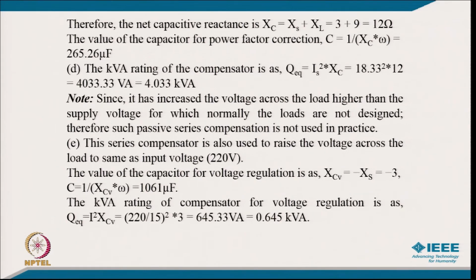That is the reason you might see series capacitors in the transmission system, because they are more effective as far as voltage regulation is concerned, but in the distribution system we always use shunt compensation. You can interpret that from these two numericals by comparing the ratings of these compensators.